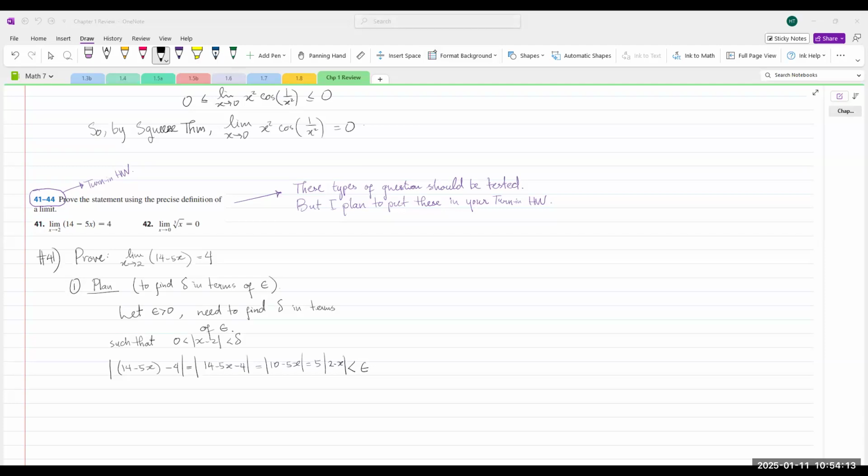Delta to be negative epsilon, I don't think that's what we will do, because you will see later on delta has to be a positive number too. So we cannot choose delta to be a negative number. On the other hand, you see that the absolute value of x minus 2 is the same as the absolute value of 2 minus x.